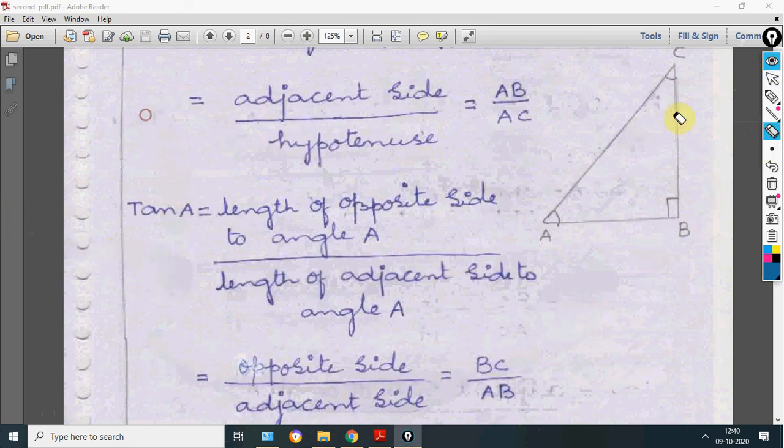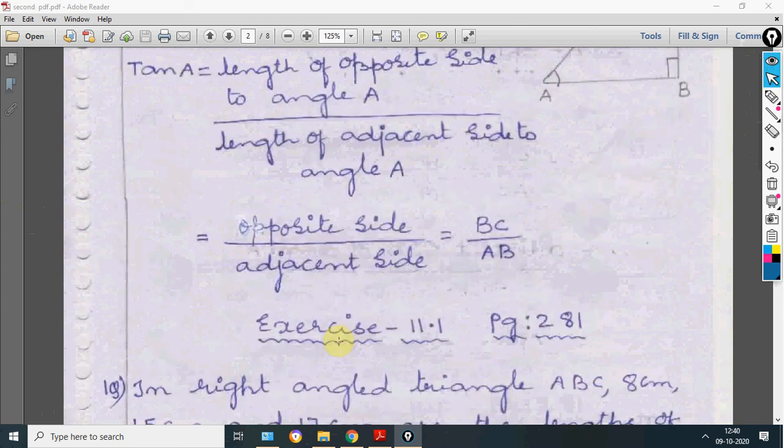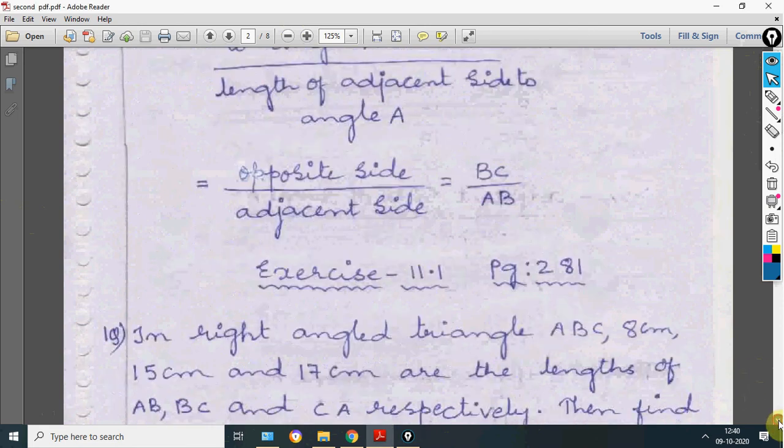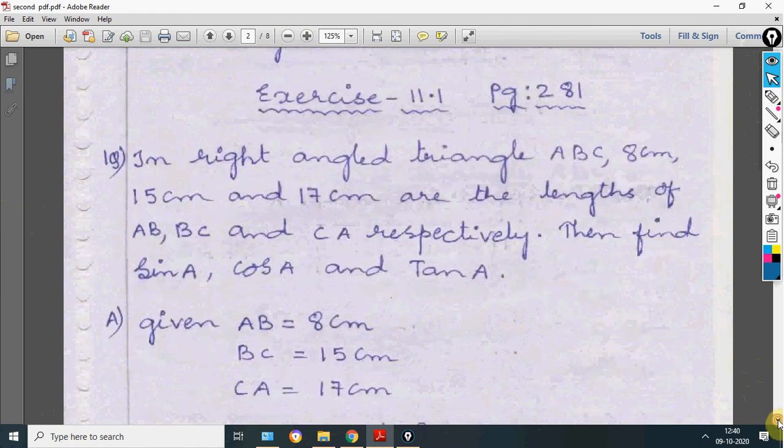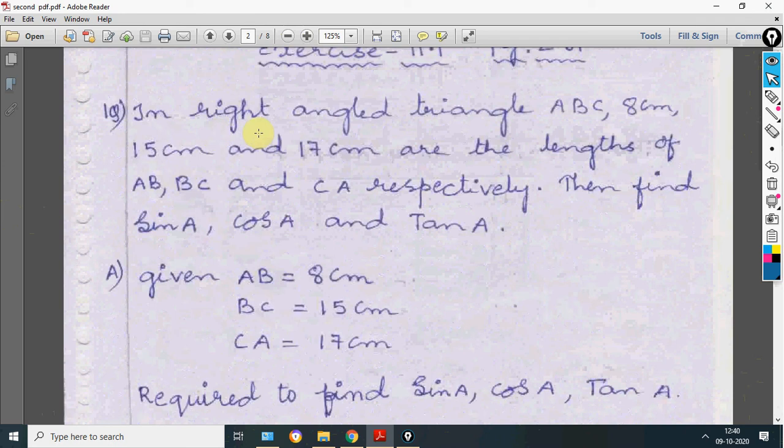Okay. Now we will see one exercise problem. This is exercise 11.1, page number 281, in your SSC Max Telangana textbook. It gives a right angle triangle ABC. 8 centimeter, 15 centimeter and 17 centimeter are the lengths of AB, BC and CA respectively.